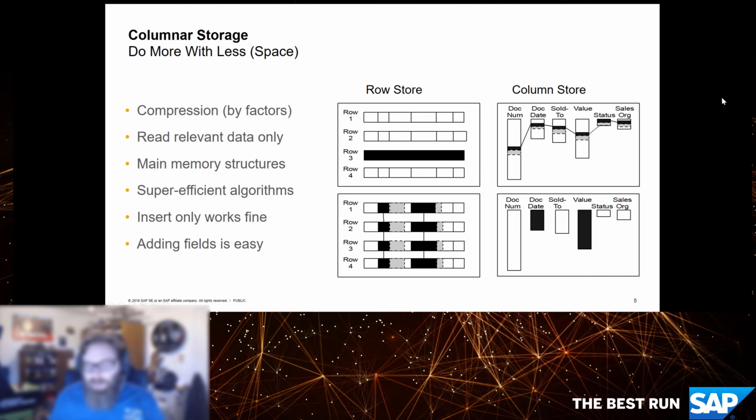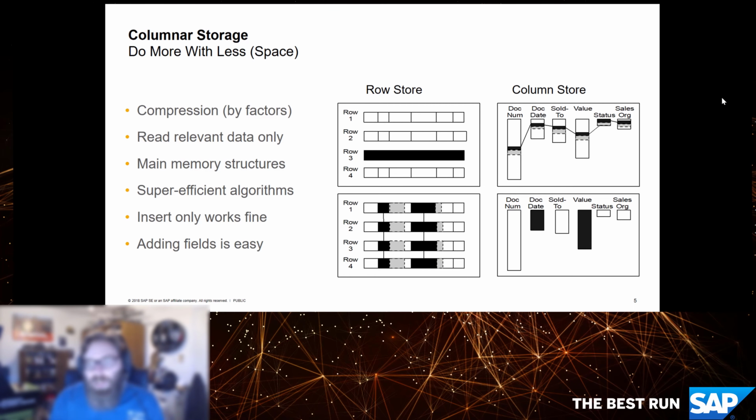And that's pretty efficient if what you're doing is reading a single row of data. If you have the key and you go access it and you want the entire row, that works pretty good. But that isn't what we're doing most of the time. Generally what we want to do is scan through all the rows, and, for instance, find all the sales orders for a particular sold to, or all the records that had a certain document date on them, or where the value is greater than a certain amount.